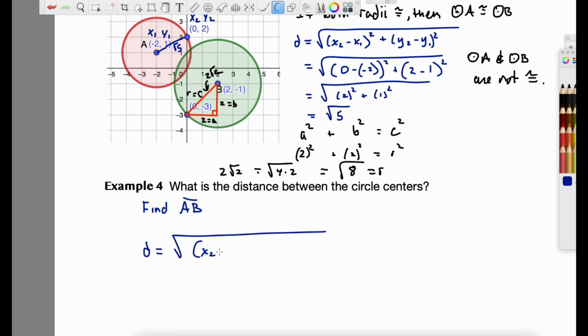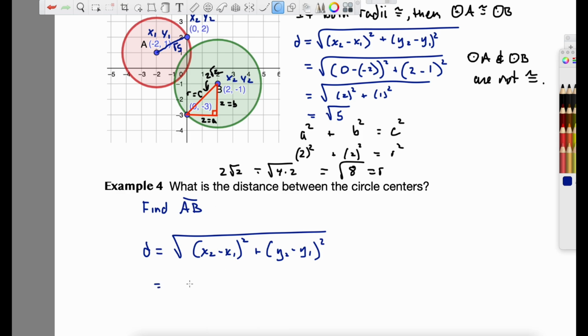We have x2 minus x1 squared plus y2 minus y1 squared. Let's call A x1, y1, and B x2, y2, and we'll just substitute.